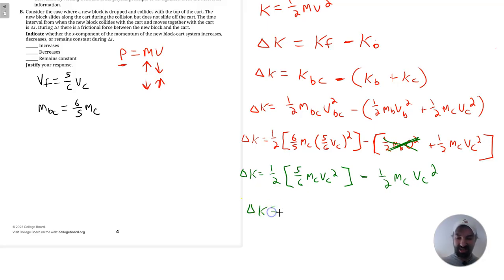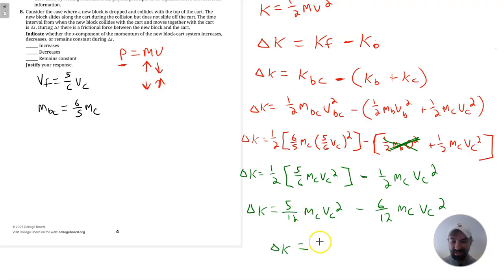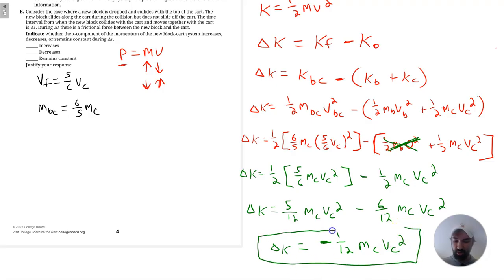Delta K is equal to 5/12 mass of the cart, velocity of the cart squared minus, I'm going to write this as 6/12 instead of 1/2, mass of the cart, velocity of the cart squared. Wow, we are so close. What do we end up with? The change in kinetic energy is negative 1/12 mass of the cart, velocity of the cart squared. If you could follow along with just plugging in those variables, plug and chug, then boom, it's a breeze.